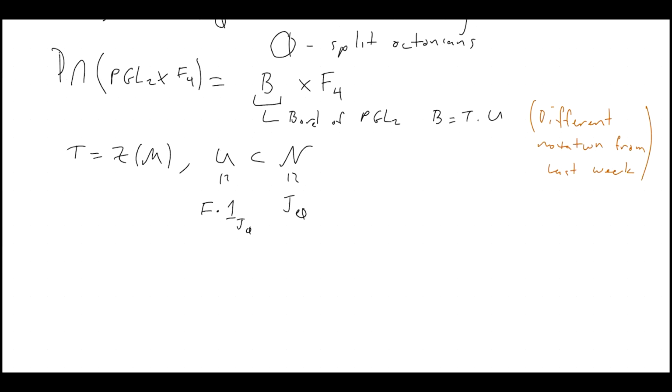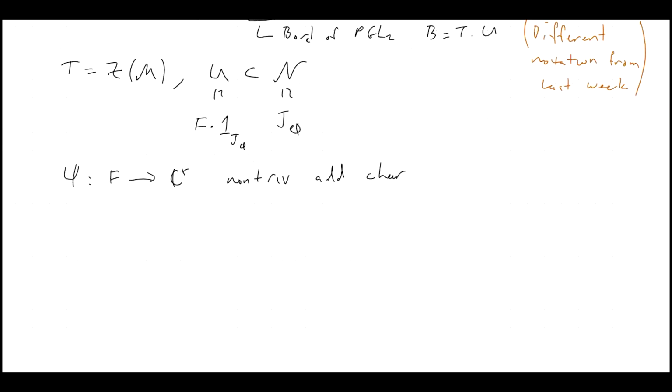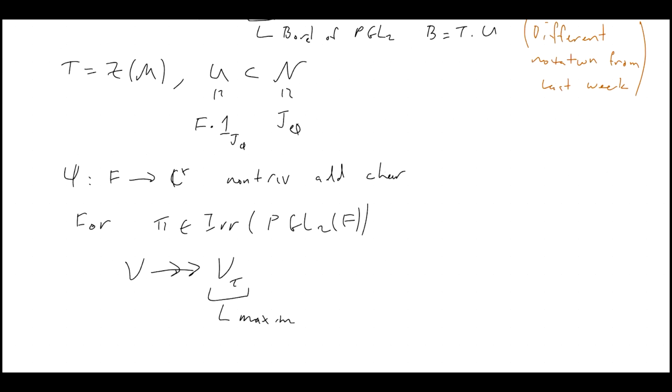We also needed a non-trivial additive character for the field F. Then if we have some irreducible representation of, let's just say, PGL2, then we had the big theta lift, which came from taking the minimal representation, and we could project onto V sub pi.